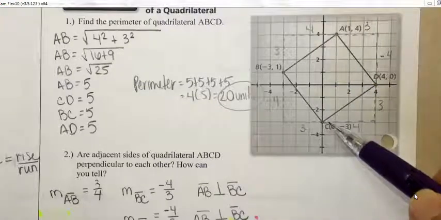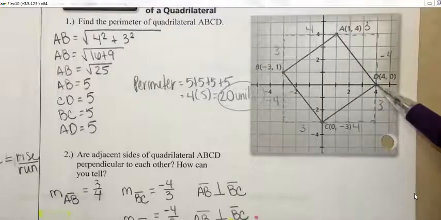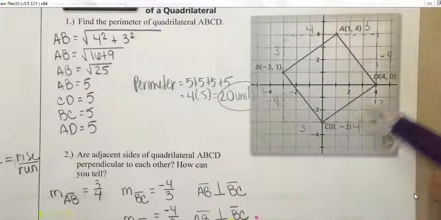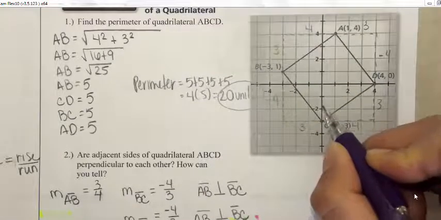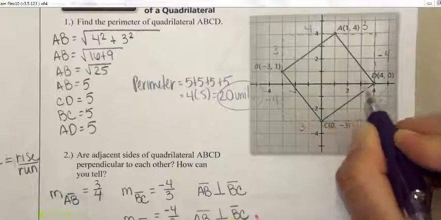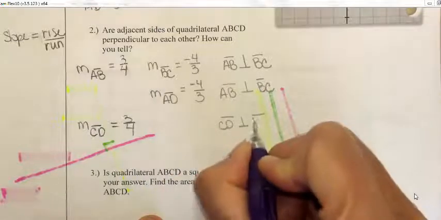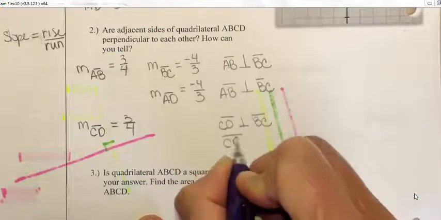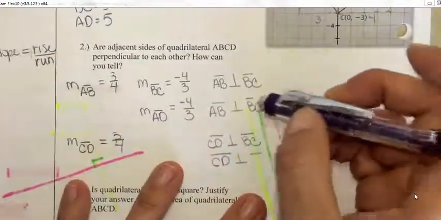Okay, so let's see if they have anything the same. So to go from C to D, I had to rise up 3, and I had to run over 4. Does that make sense? Maybe it would help if I did it over on this side. Went up 3 and went over 4. So again, that slope is also going to be 3/4. So we know then that segment CD is also perpendicular to segment BC, and segment CD is also perpendicular to segment, oops, I wrote this twice.